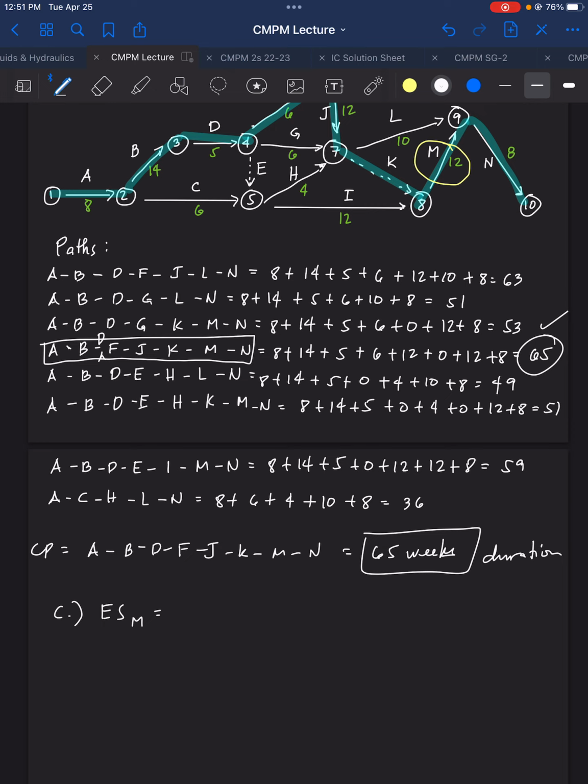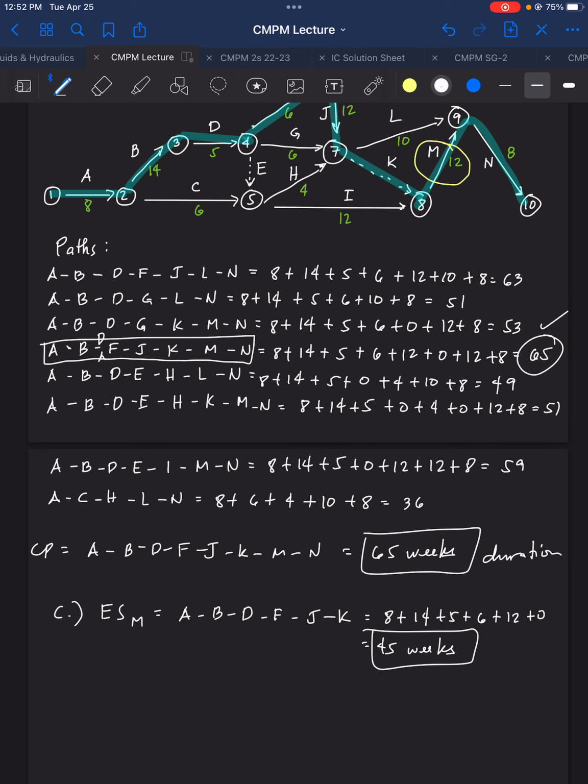So A, B, D, F, J, K. So that will equal to 8 plus 14 plus 5 plus 6 plus 12 plus 0, and that is 45 weeks. So that is 45 weeks for early start of activity M. Alright?